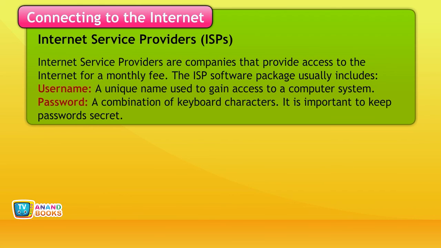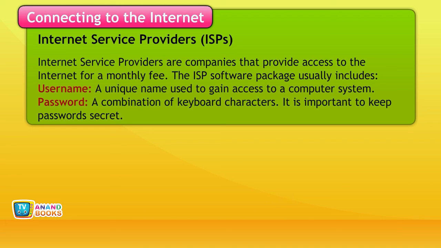Internet Service Providers (ISPs). Internet service providers are companies that provide access to the Internet for a monthly fee. The ISP software package usually includes a username, a unique name used to gain access to a computer system, and a password, a combination of keyboard characters.